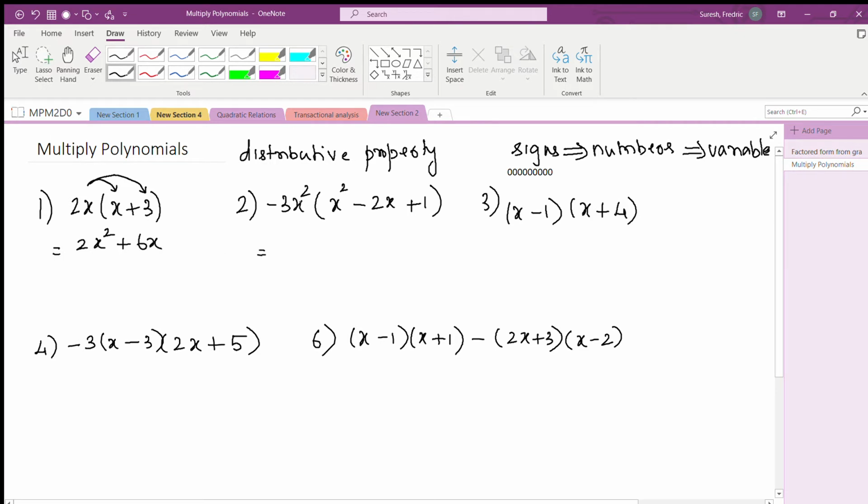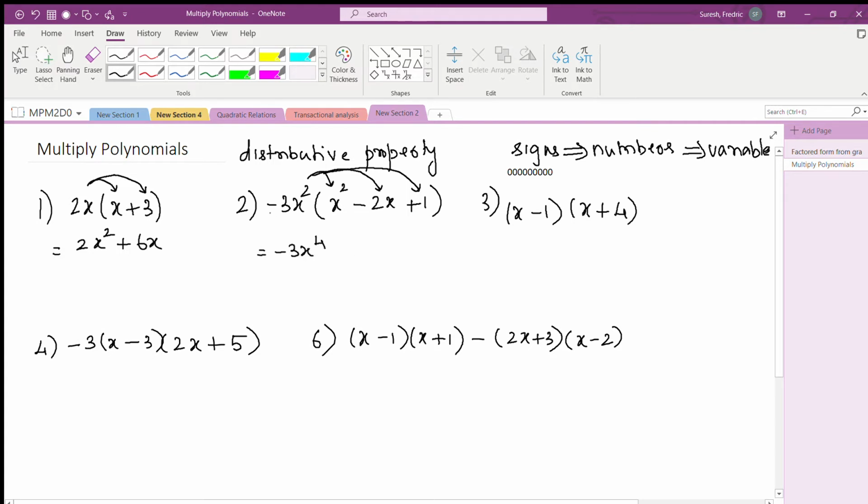Here we have to, again, for the second example, think about sign, number, variable. We are going to multiply the term that is outside with the 3 terms in the bracket. The first multiplication, we get negative 3x to the power 4.